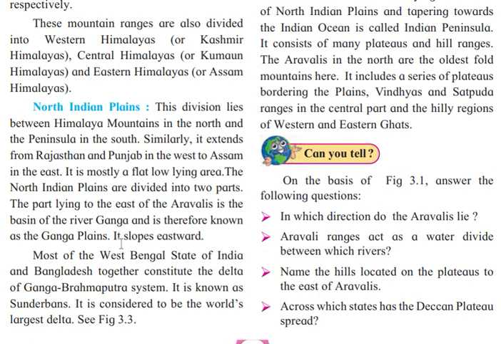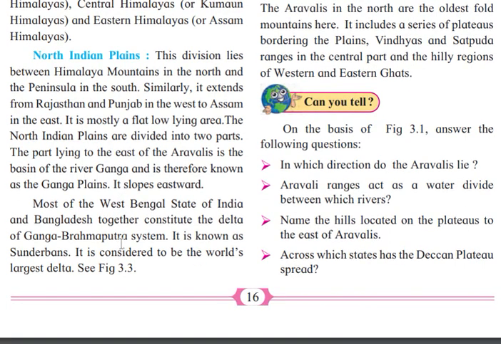Most of the West Bengal state of India and Bangladesh together constitute the delta of the Ganga-Brahmaputra system, and it is known as the Sundarbans, which is considered to be the world's largest delta.